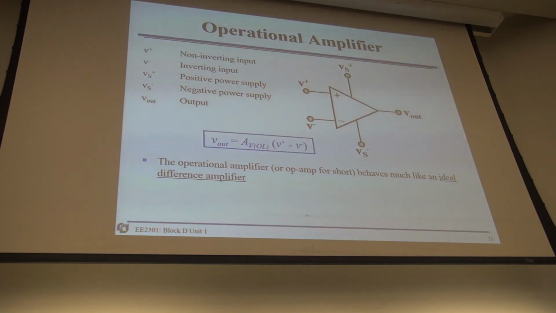Just imagine that if the difference is over a certain milliwatt, even microwatt, then that output will get saturated, like 15 or minus 15. So it's really big.